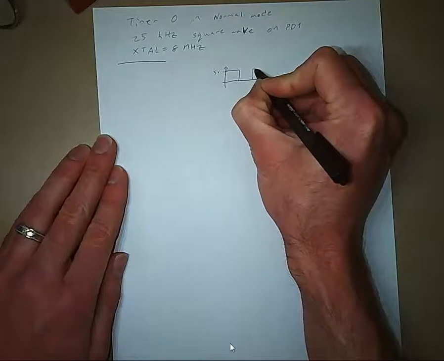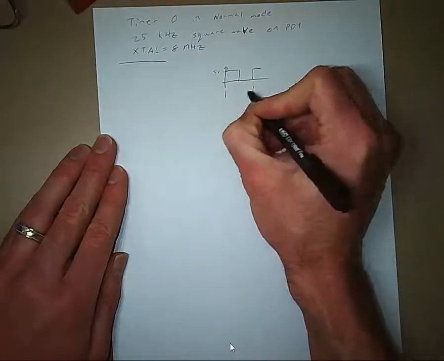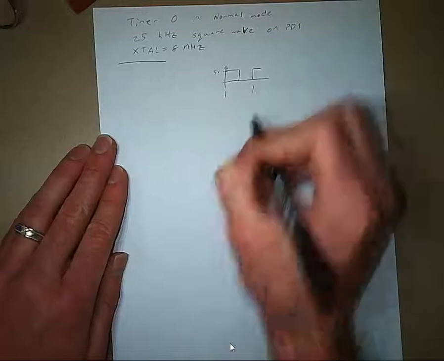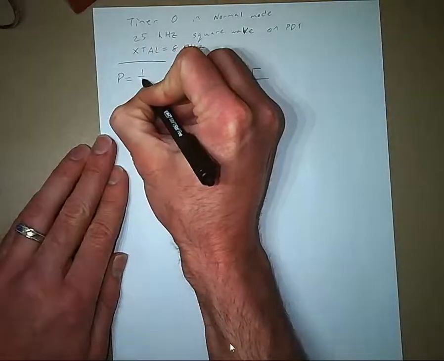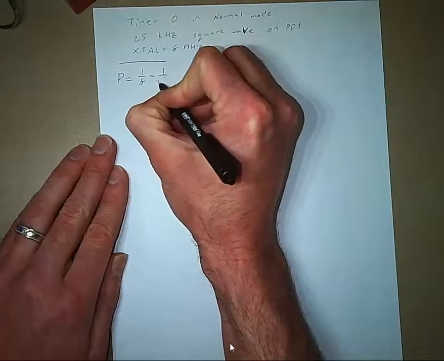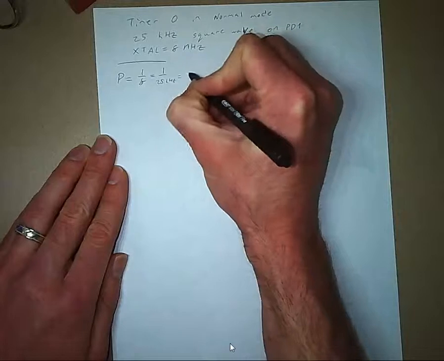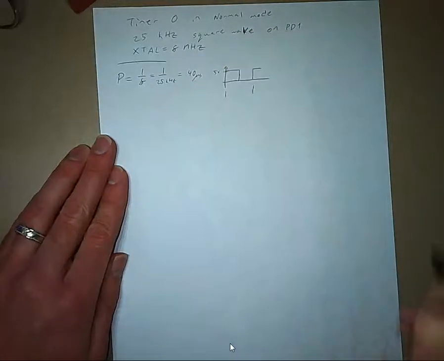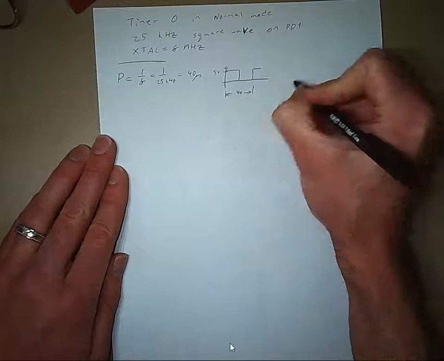It's high and low for equal amounts of time, and the total time here is the period for the wave. And the period is defined as the inverse of the frequency, which is 1 over 25 kilohertz, which is 40 microseconds. So this here is 40 microseconds.